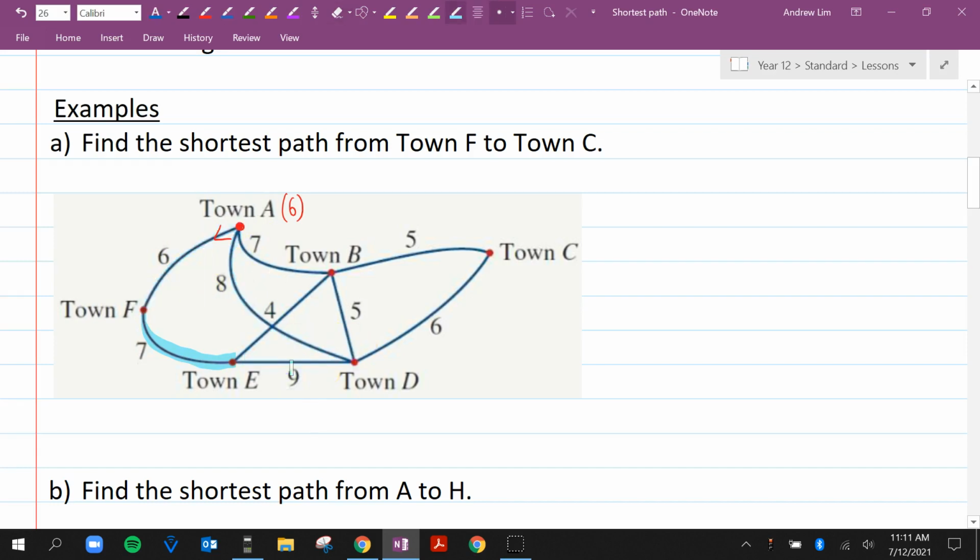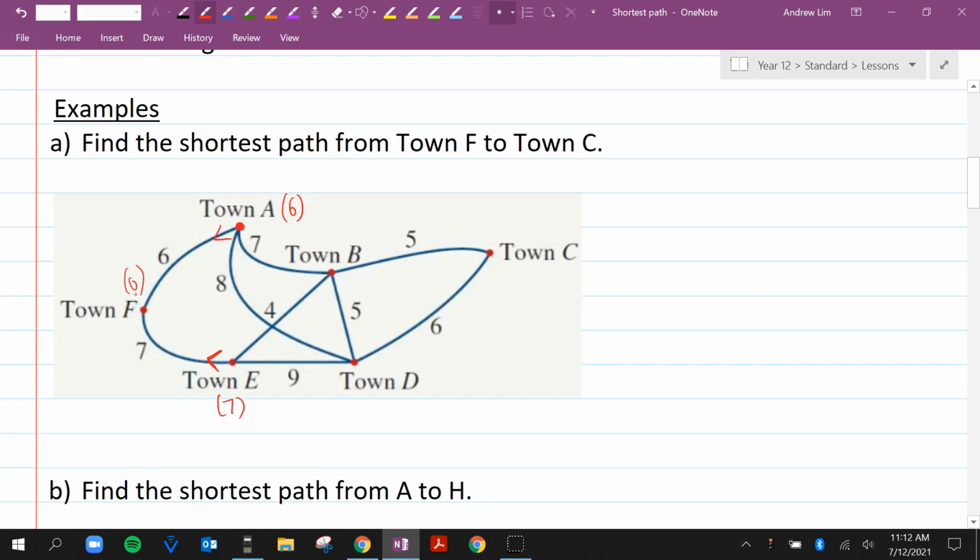Or I can go this way, 6 plus 7 plus 4, which is more than 7. So, the lowest weight for Town E would be 7, directly from Town F. So now that we've done those, we know Town F technically is 0. I'll just put a 0 there.